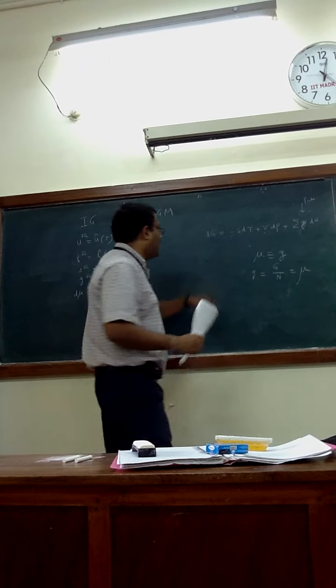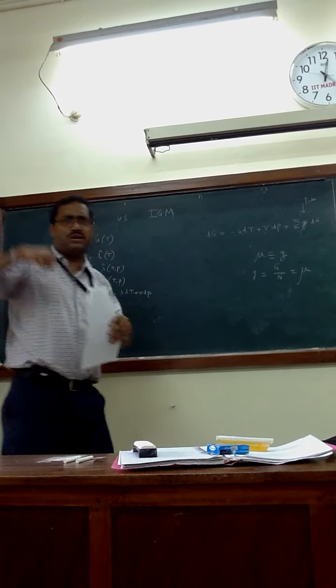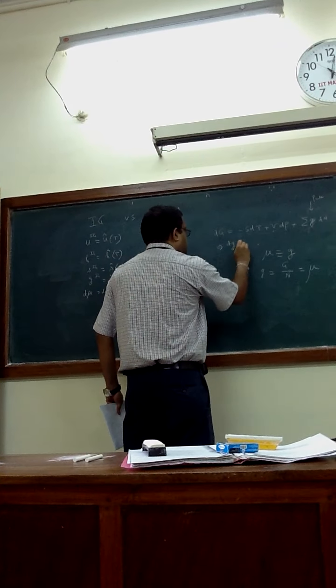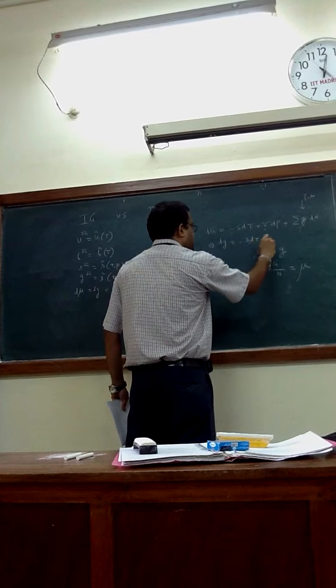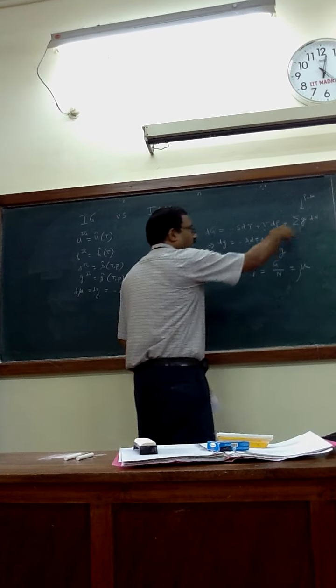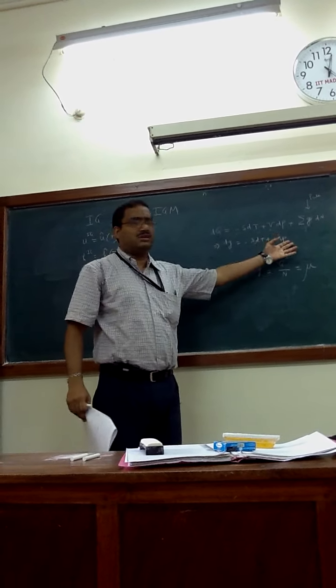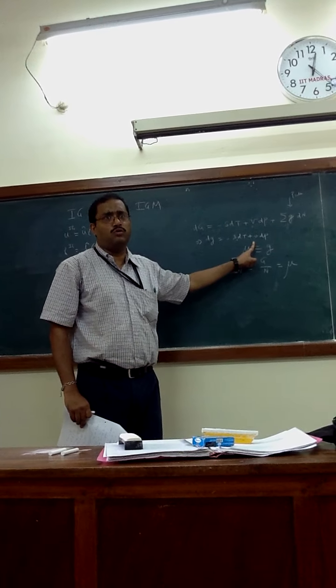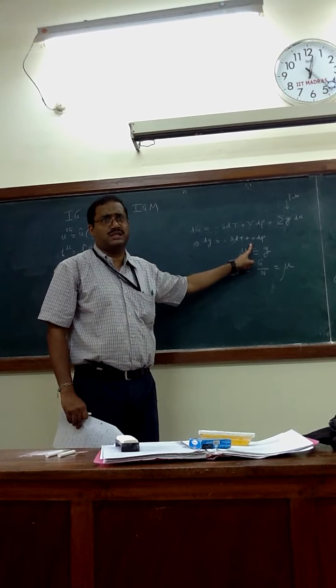When you take the derivative, what actually happens? It becomes dg minus sdT plus vdP. The mole number will not have any role because this is a specific property. It is nothing but a function of temperature and pressure. Mole will not come for the pure substance.